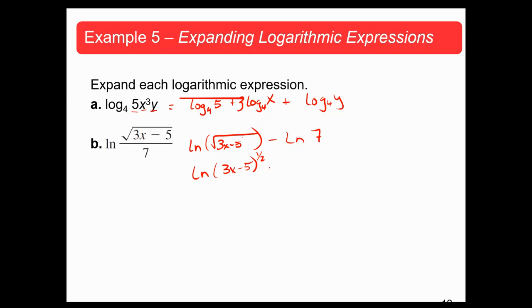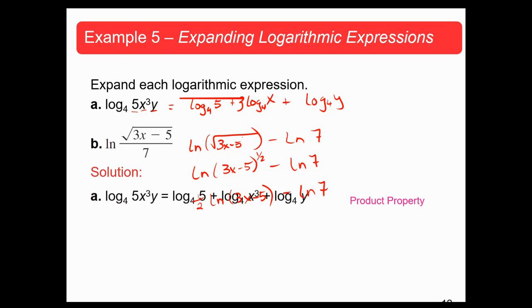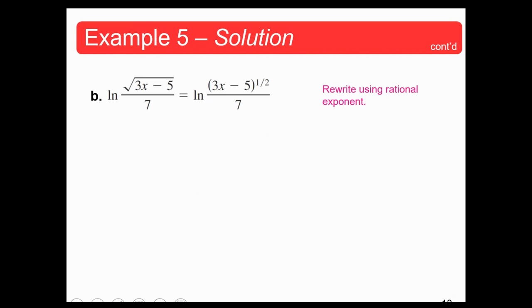So I'm going to write 1/2 there. And because it's to the power of 1/2, we can take it to the front. So it'll be 1/2 times ln of 3x minus 5, minus ln of 7. And I think this shows you how to do that as well.